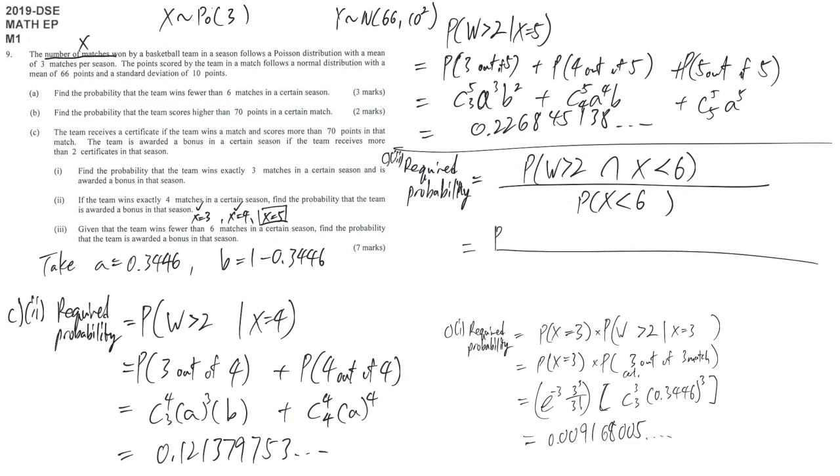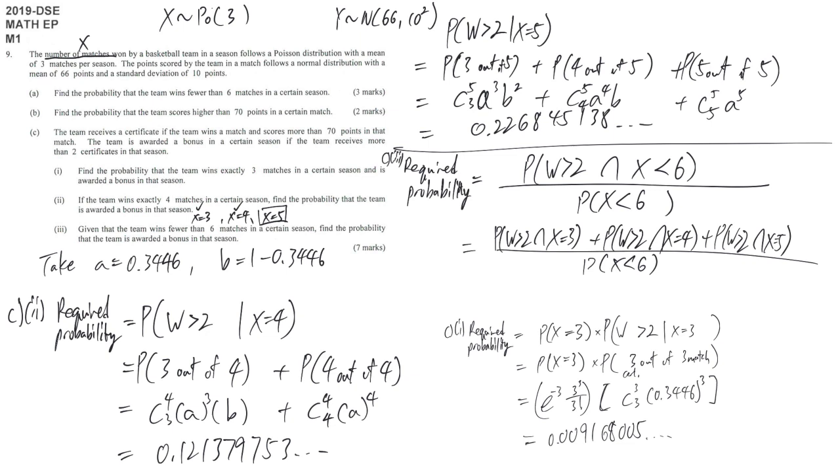The first case is we get enough certificates given that we win exactly 3 matches. The second case is enough certificates given that we only win 4 matches. The last one is enough certificates given that we win exactly 5 matches.